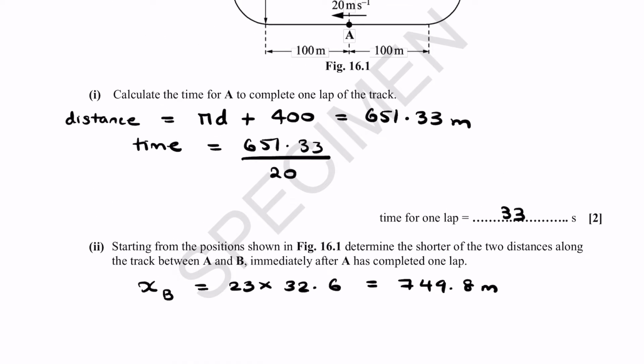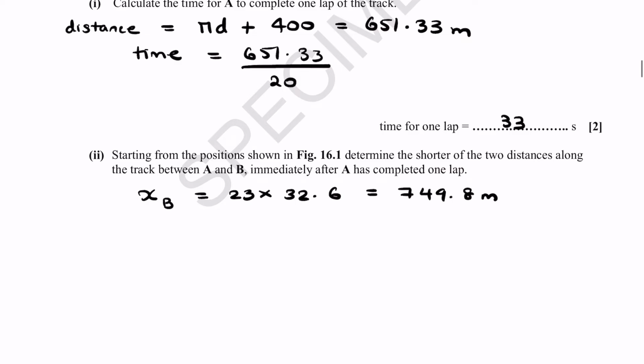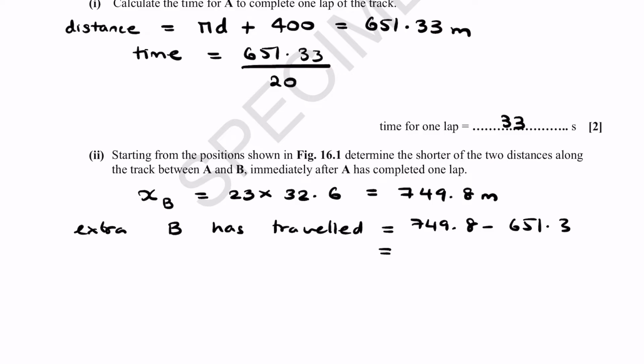Now that is slightly over one lap, the distance of one round. So the extra distance that B has traveled is 749.8 minus 651.3, which is 98.5 meters.